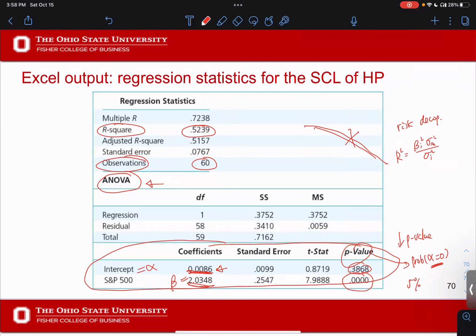But what about the beta? Yeah, beta is around 2, which is okay. For beta, we only know that beta equals 0 means risk-free, and beta equals 1 means same as market-level risk. So beta can be higher than 1 or lower than 1.